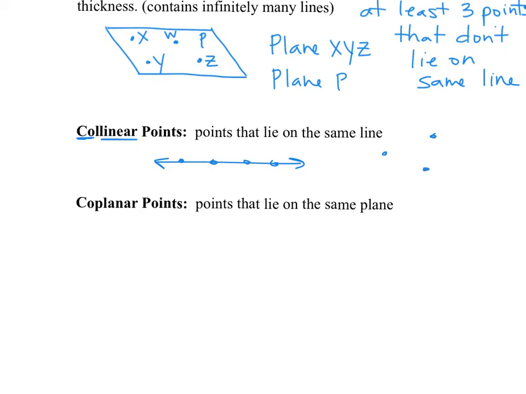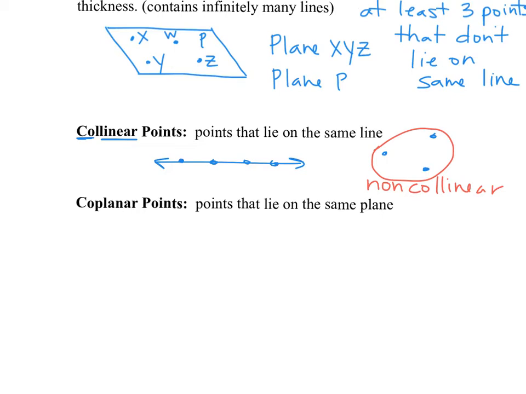Okay, there is no plane that I can draw through. Sorry, there is a plane. There is no line that I can draw through all 3 of those points. So we would say these 3 are non-collinear. Okay, so collinear in a straight line, non-collinear, not in a straight line.